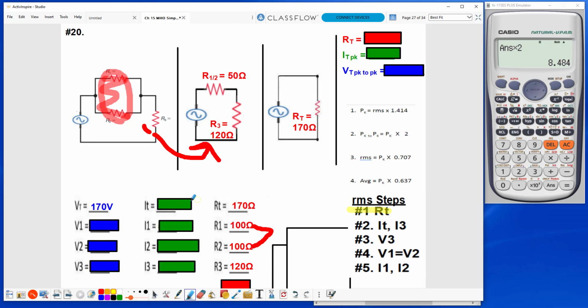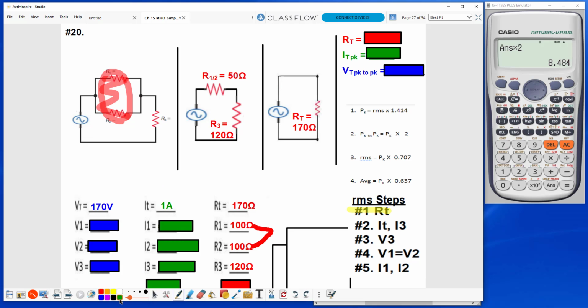Alright, next we can find IT using Ohm's law. If we take VT divided by RT, this gives us our IT. Since R3 is on the main branch, I3, which corresponds to the amount of current that flows through R3, will also be 1 amp.